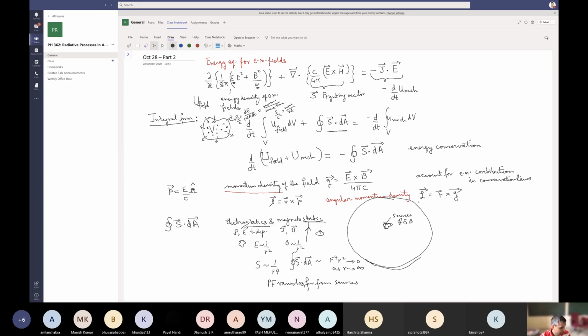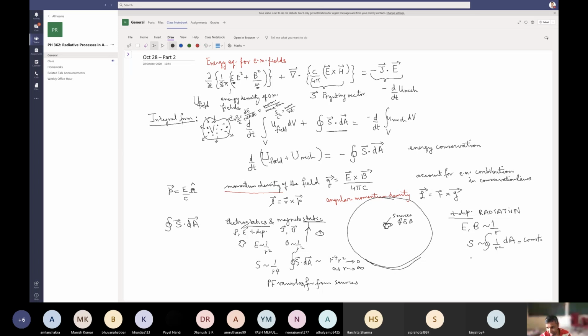When we have time dependence, in particular in something called the radiation regime, E and B go like 1 over r, and your Poynting flux goes like 1 over r squared. If you do the integral of S dot dA, it is equal to a constant.